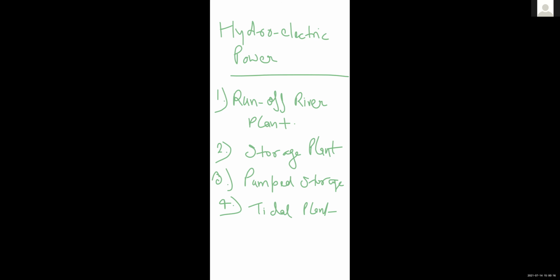So for head varying from 15 to 90 meter, reversible pump turbines have been used, and the function of this turbine is as a turbine as well as a pump. Such reversible turbines can work at relatively high efficiencies and can help in reducing the cost of such a plant.